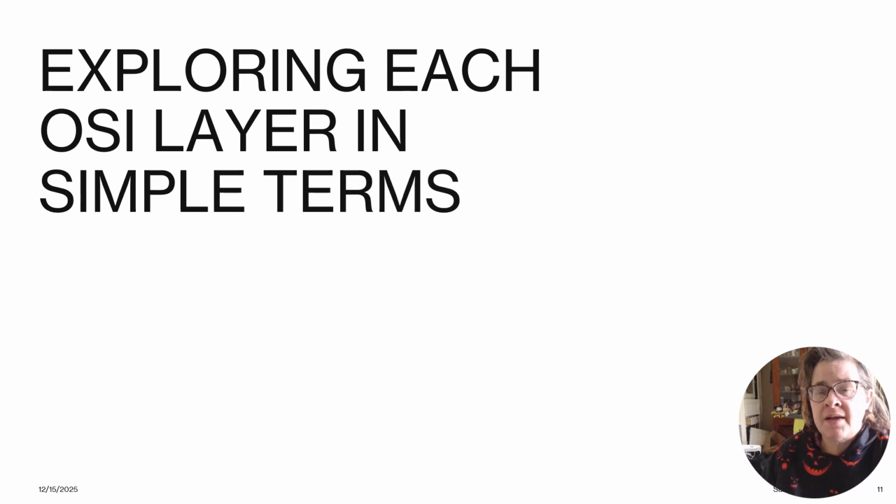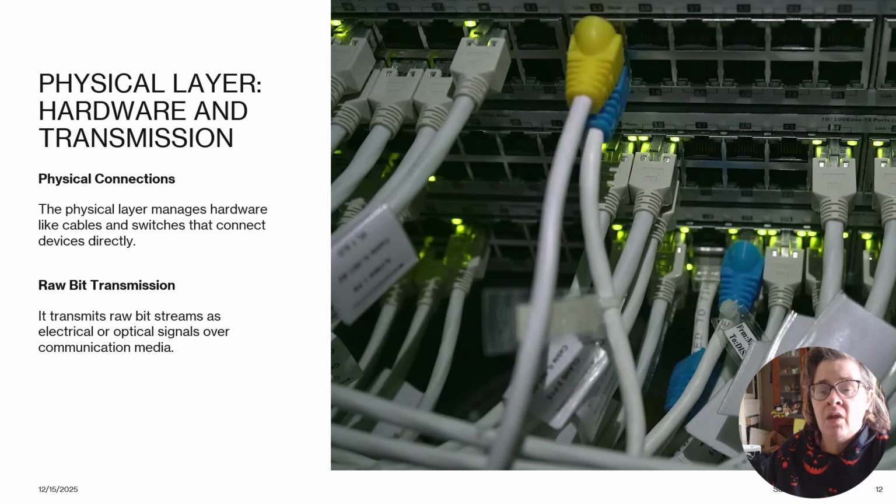Let's break down each OSI layer to understand its role in network communication using straightforward explanations. The physical layer deals with the physical connection between devices, including cables, switches, and the transmission of raw bit streams over a medium.